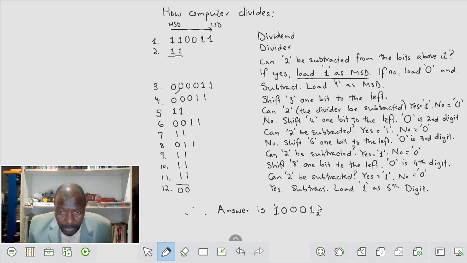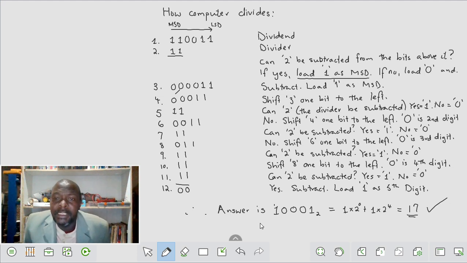Remember, this is equivalent to 1 times 2 to the power of 0, plus 1 times 2 to the power of 4. This is 1 and 16, this is 17. And of course, this was our 51 divided by 3, and our answer is 17, and we are happy.